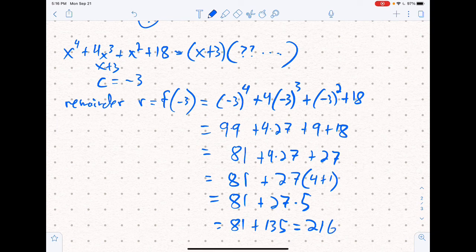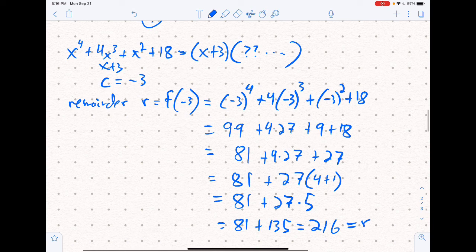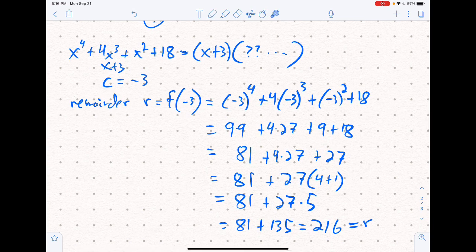Now, what is this 216? This is the remainder r. According to the remainder theorem, if you were to divide x to the 4 plus 4x cubed plus x squared plus 18 by x plus 3, you would have a remainder of 216. Because you have a remainder that's not 0, it means that this is not a factor of this. It doesn't go in evenly.